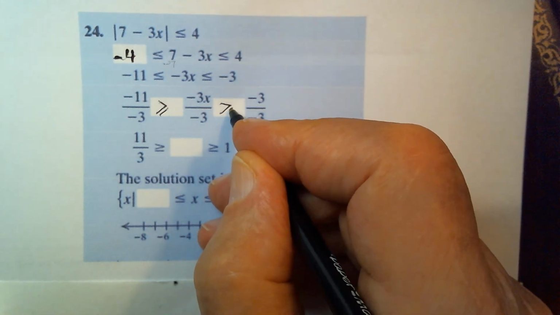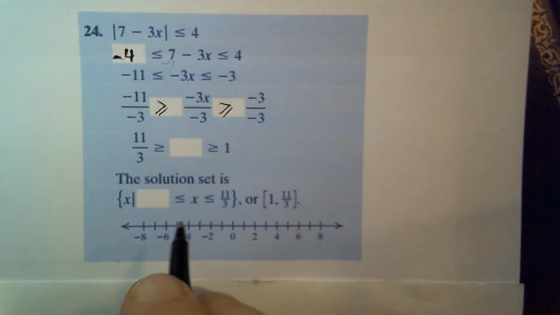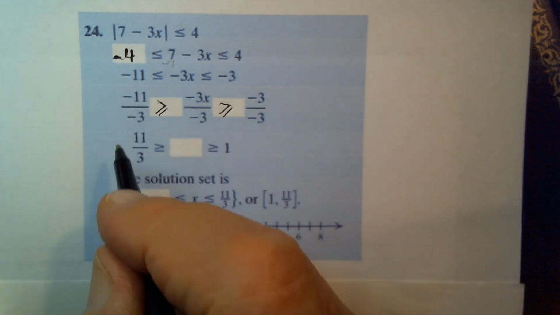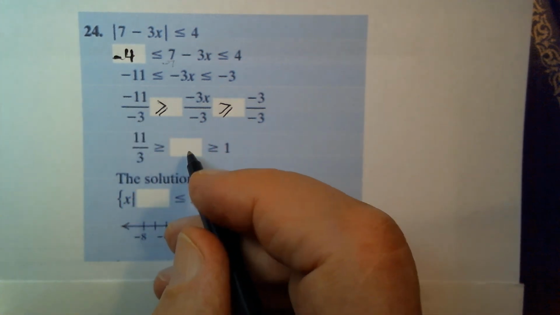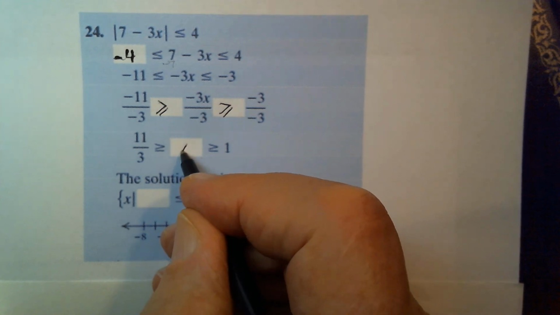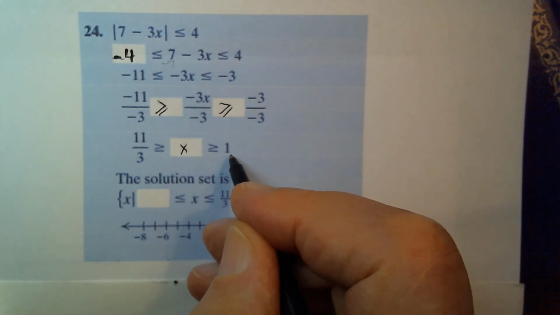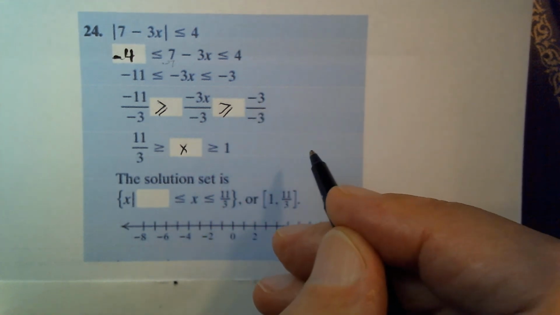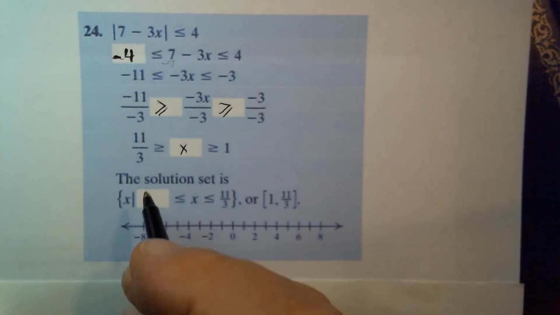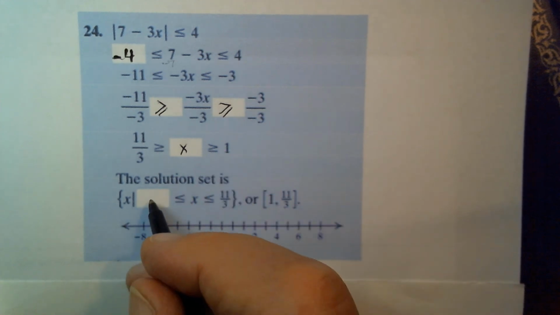So they now go in this direction. Minus divided by minus is a plus, so we have 11 thirds greater than or equal to x, greater than or equal to 1, because minus 3 divided by minus 3 is positive 1. So we typically turn that around, so the smaller numbers are on the left.